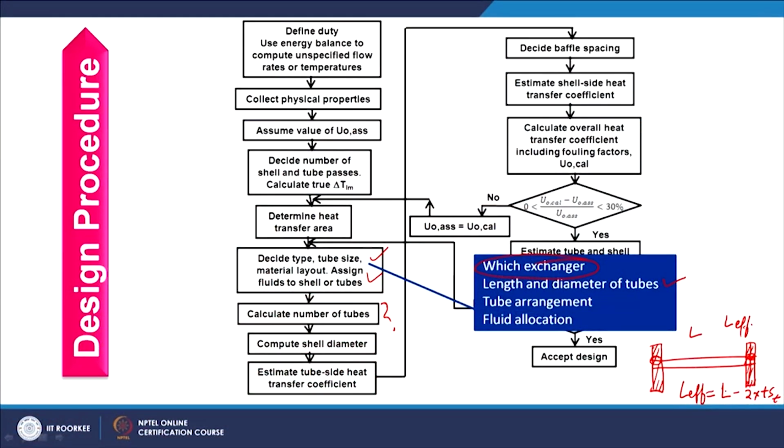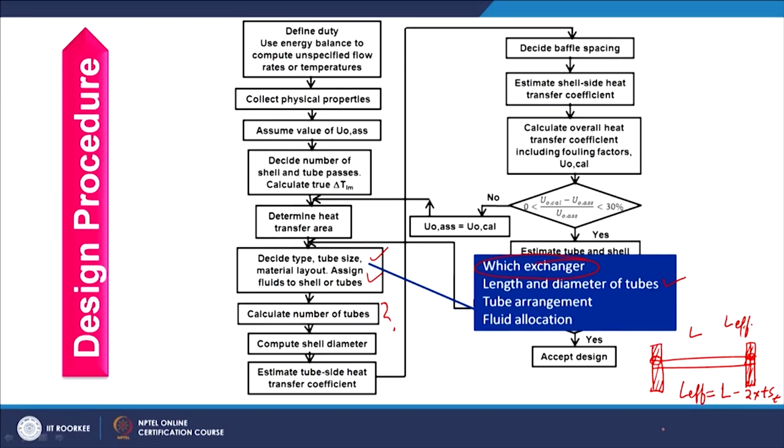And if the OD of the tube is more than 25 mm, the tube sheet thickness should be equal to the OD of the tube. In this way you can calculate L effective, and once you know L effective, you can find the area of one tube, and then division of total area by area of one tube will give the number of tubes, and whatever number of tubes you find, it will also depend on the passes.